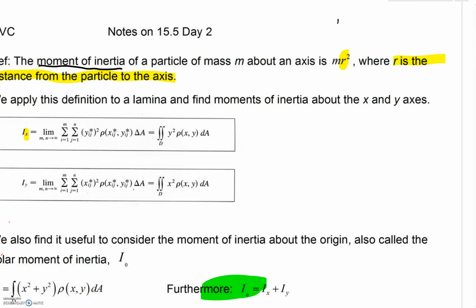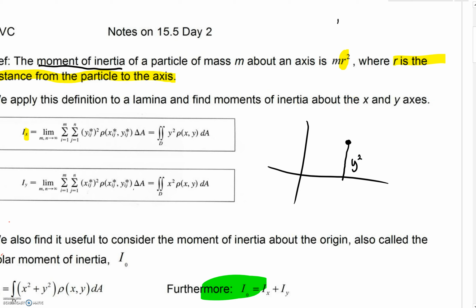Say we were looking at a point up here, and we want the distance from the x-axis. That distance is the y-coordinate, but I'm going to square it because we're going to need that.